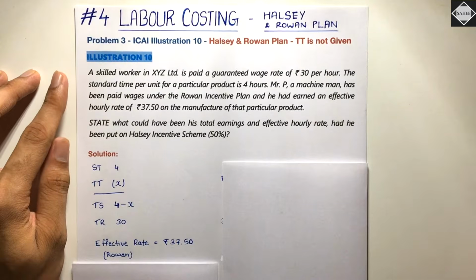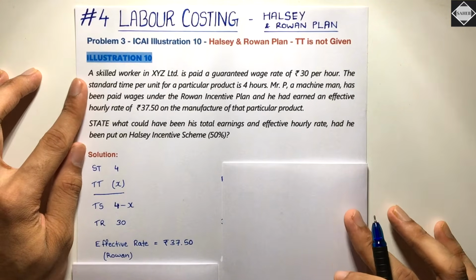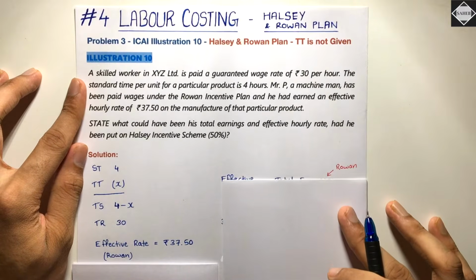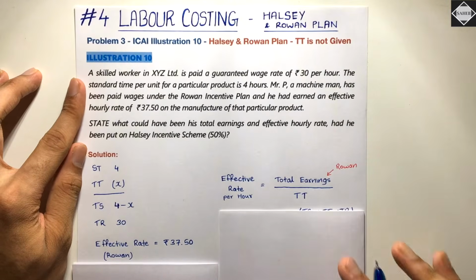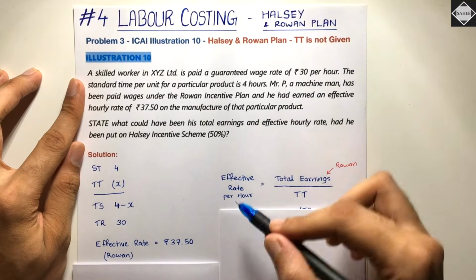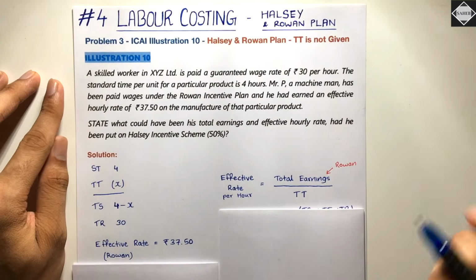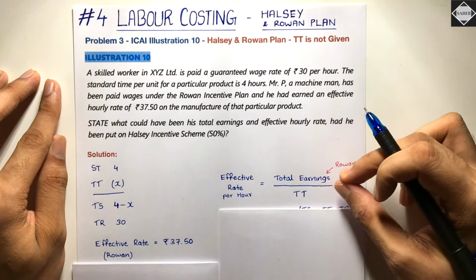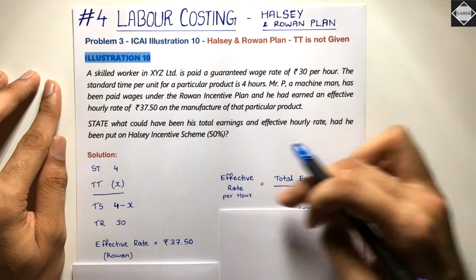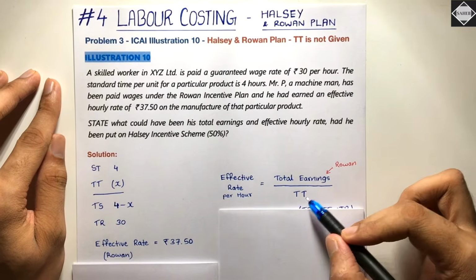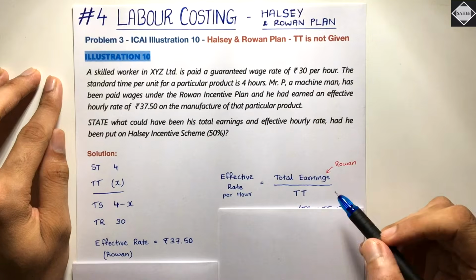So we are going to use the effective rate formula and input all the values. Effective rate per hour, from the worker's point of view, is total earnings divided by time taken. We don't know time taken.